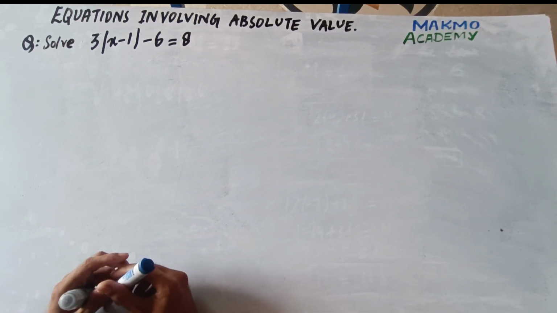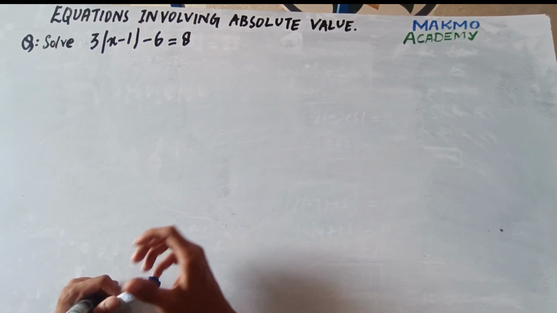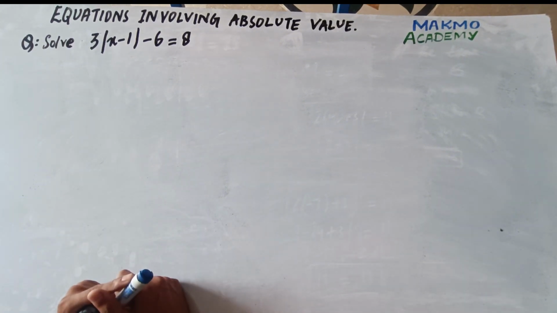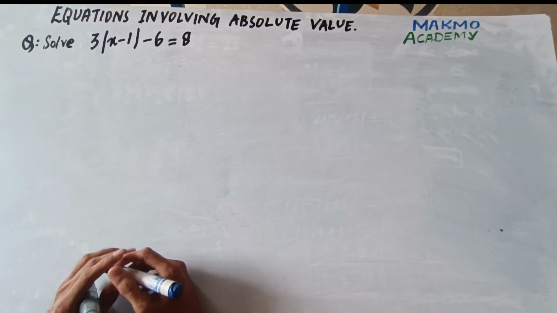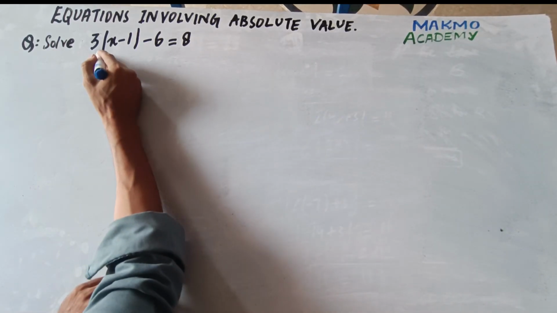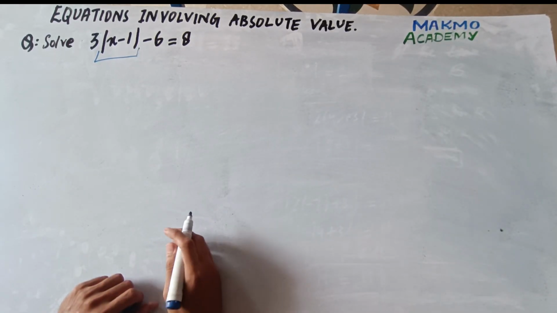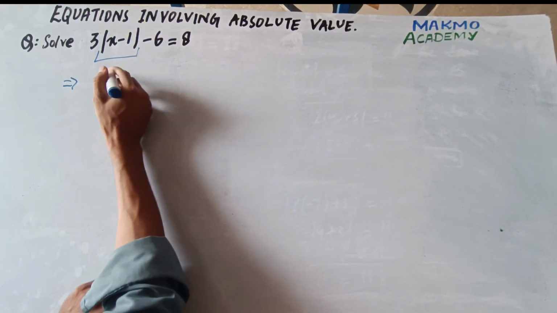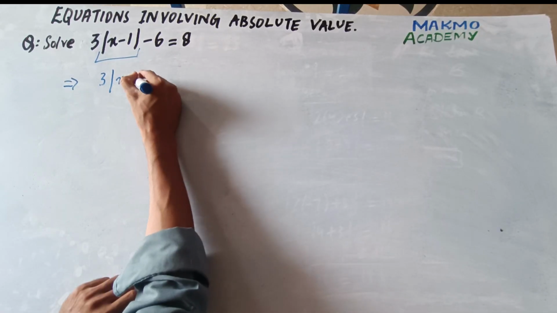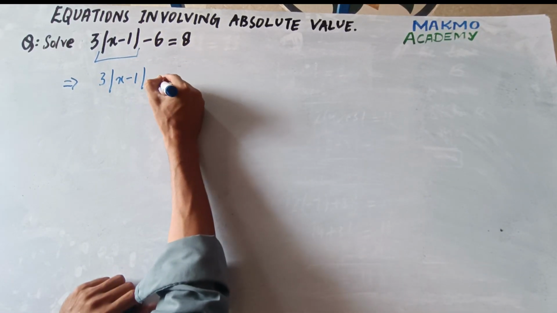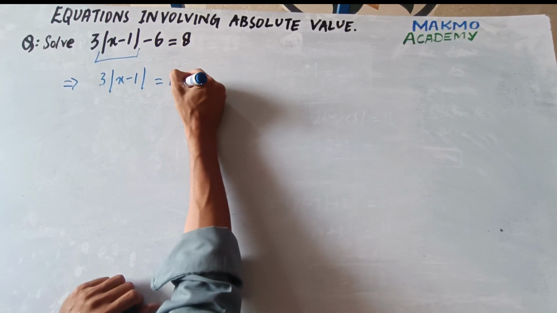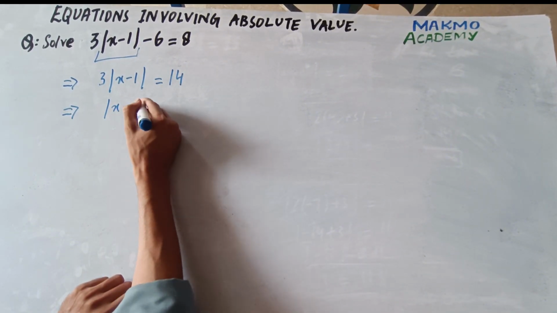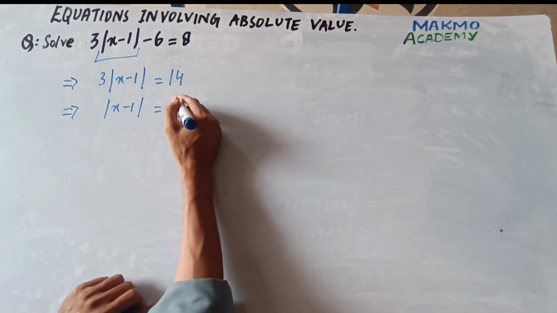Like in the previous video on equations involving radicals, where we said you need to isolate the radical component, similarly here you need to isolate the absolute value portion first. So minus 6 goes there and it becomes 8 + 6 = 14, then 3 goes there and divides. So you get |x - 1| = 14/3.